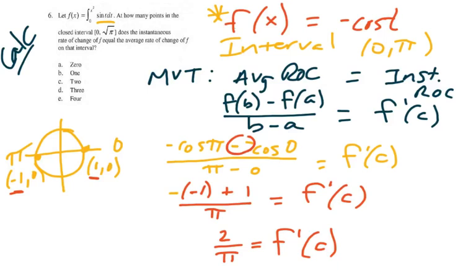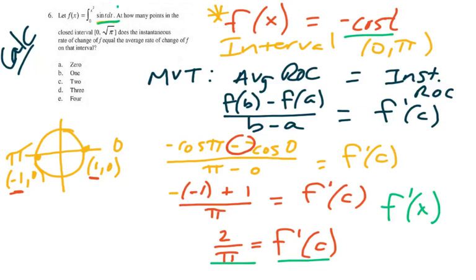So what does this pretty much tell me? This is saying that in order to fully answer this question, I need to know where my derivative function is equal to 2 over pi. And more specifically, this question is asking how many times that occurs. Now, my derivative function was the derivative of negative cosine.